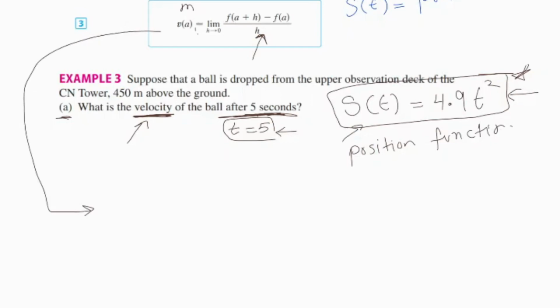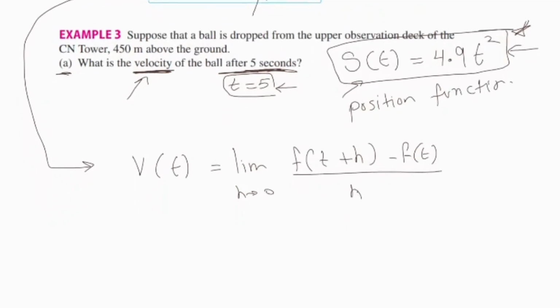This formula I will apply directly, but what is my a? a will be the time. So v of t will be equal to the limit when h goes to 0 of f of t plus h minus f of t over h.